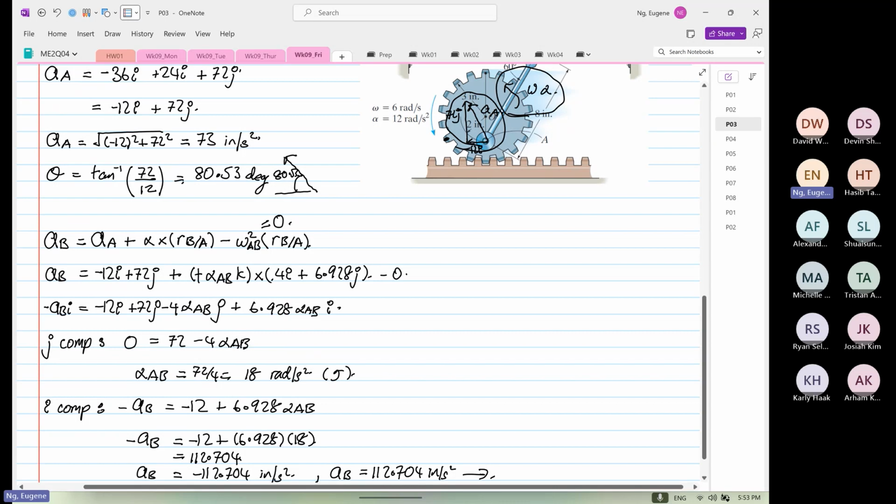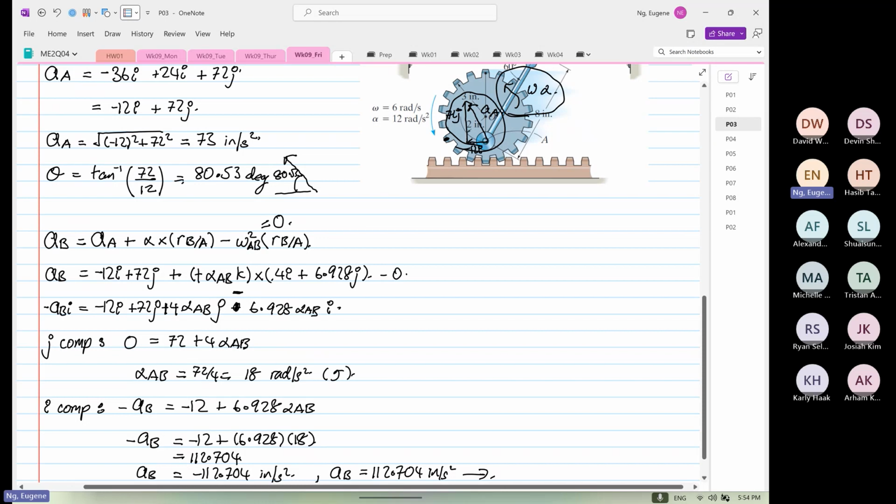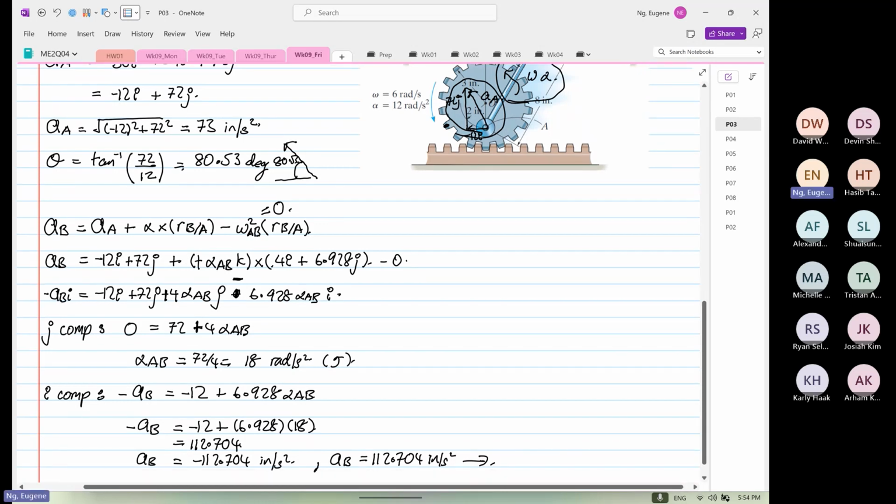So if this is positive, so K cross I is positive, positive here. K cross J is negative, so this is negative. So this is 72, and this is positive 4. So now this direction is wrong.